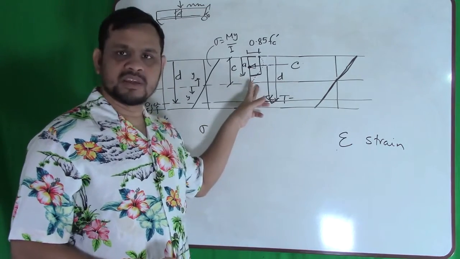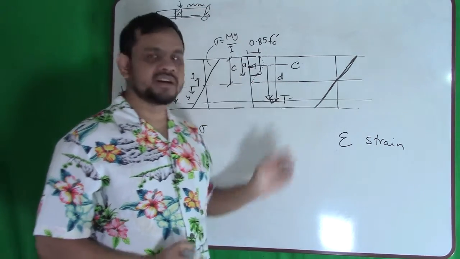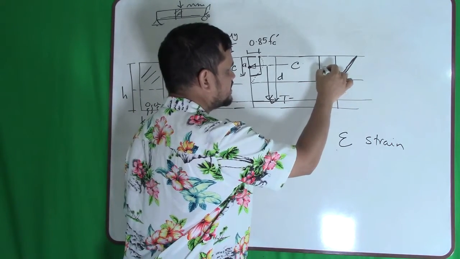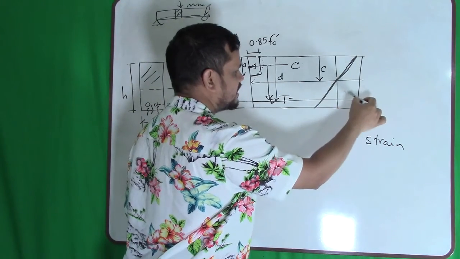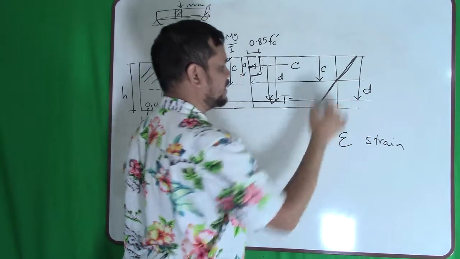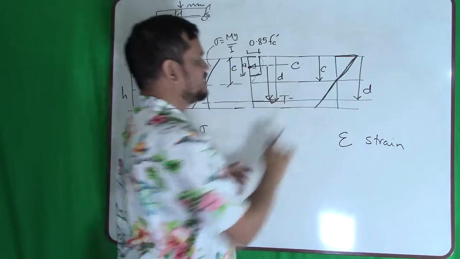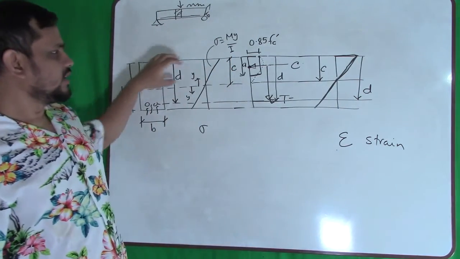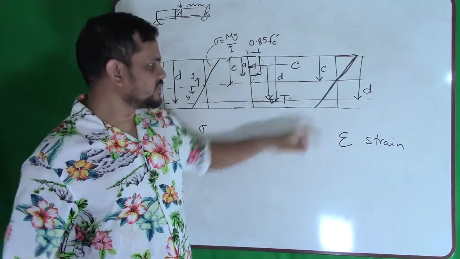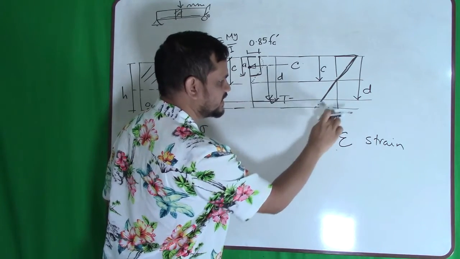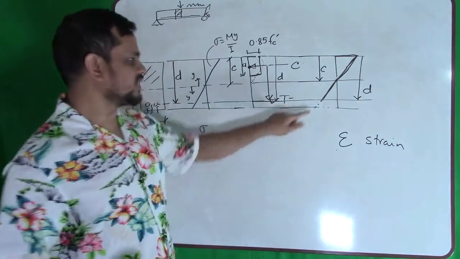My stress is not linear, but my strain diagram is linear. So in this portion, this is C, here to here is D. And so my concrete is here, here is my steel. Now this portion does not exist.